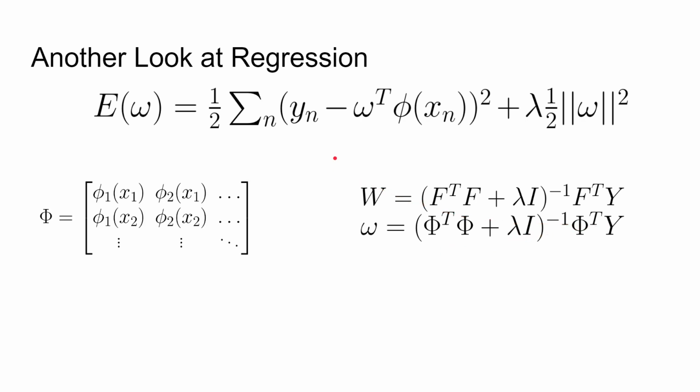And again, this capital phi is a matrix where down this axis we've got all the different data points, x1, x2, x3, x4, and across here I've got all of the features of that data point. Notation is bad here, these x's are themselves potentially vectors. This is the first data point we trained on, this is the second data point, third, fourth.